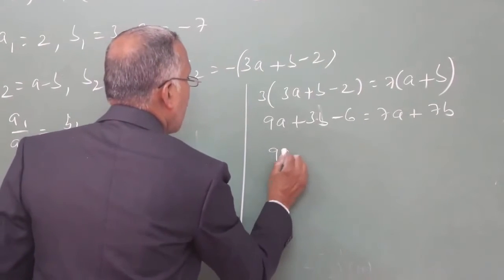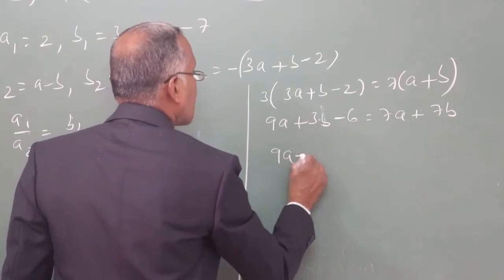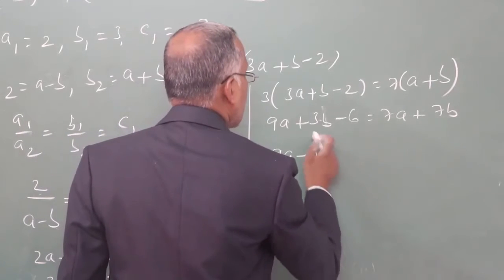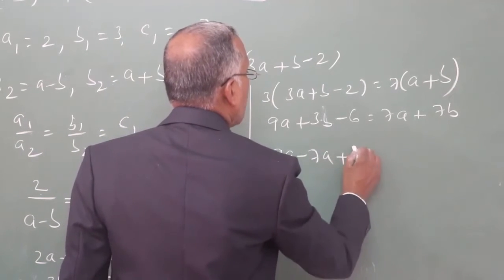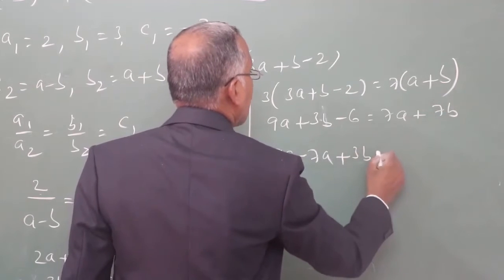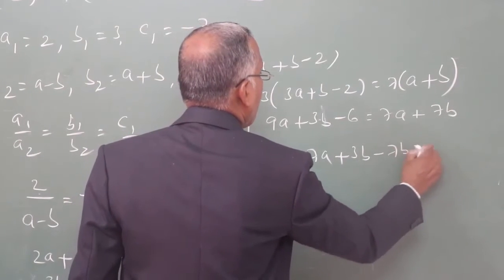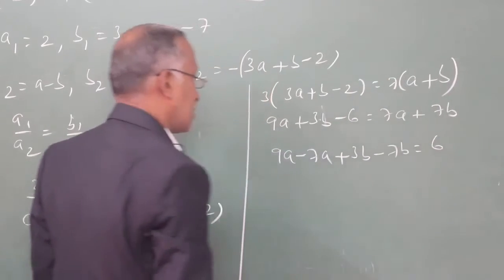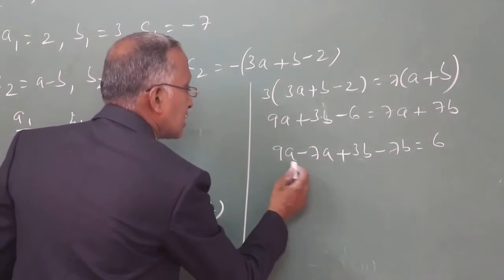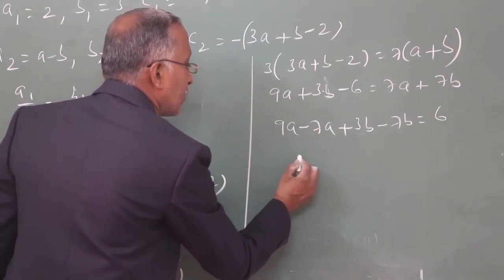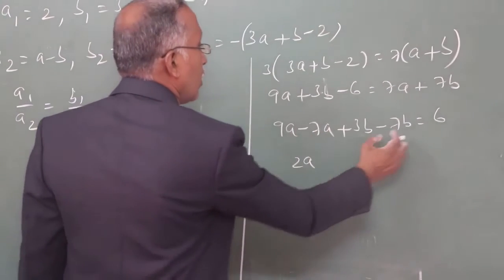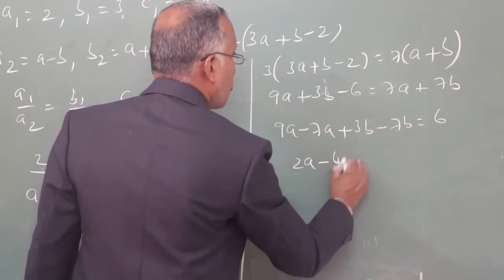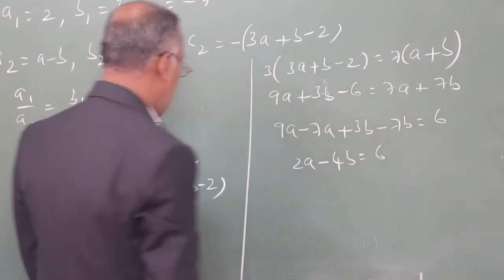Now 9a, if I transpose minus 7a, equals, here 7b, plus 3b, transposed, minus 7b, equals minus 6. If I transpose, that becomes 6. 9a minus 7a is 2a, 3b minus 7b is minus 4b, which equals 6.